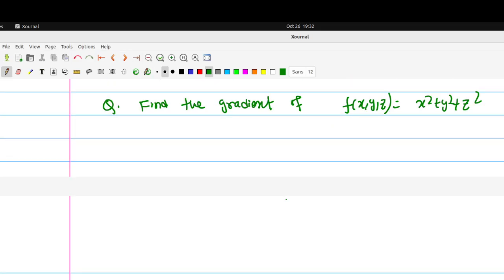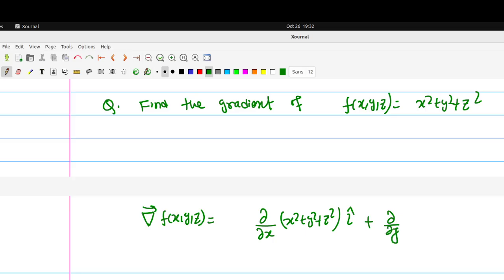So if I apply a gradient operator on f of x, y, z: d by dx of x square plus y square plus z square i cap, d by dy of x square plus y square plus z square j cap, d by dz of x square plus y square plus z square k cap.